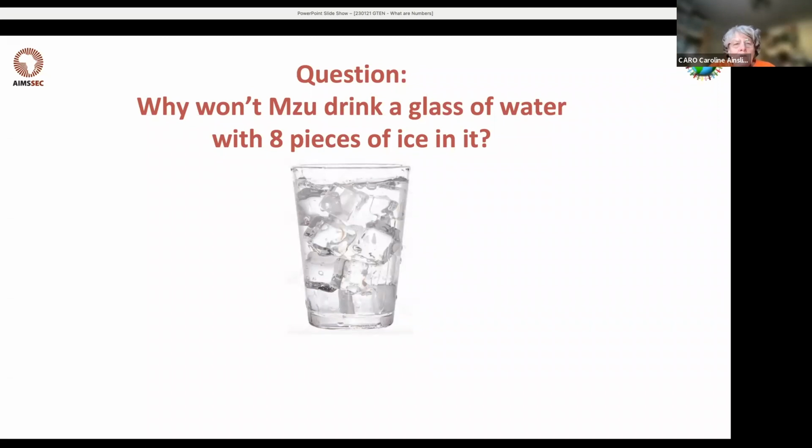So why won't Mzu drink a glass of water with 8 pieces of ice in it? You might want to pause a moment to let them think about that one, because I did work that one out. Because it's 2 cubed. I love that one.